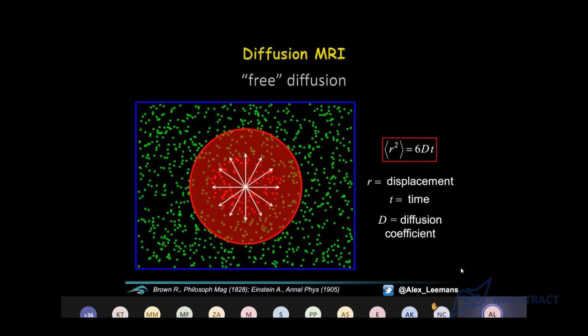And the good news is, it wouldn't be fun if we couldn't put a formula to that. There was a very smart guy called Einstein who came up with this equation, the diffusion equation, which basically says that in this free diffusion environment, the average square displacement of these molecules is proportional to time. So the longer you wait, the more these particles will have spread.